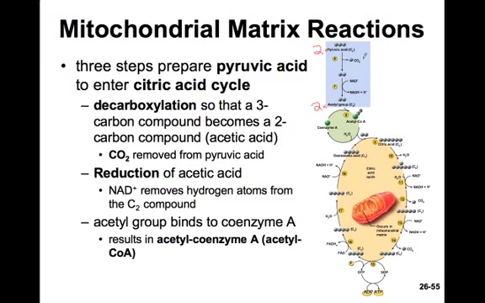We've also released some electrons and hydrogens, high energy compounds, ready to be traveled off to the electron transport chain. How did we lose the carbons? Where did the carbons go? Yeah, you're right. They're going to be the carbon dioxides that are exhaled in each breath.